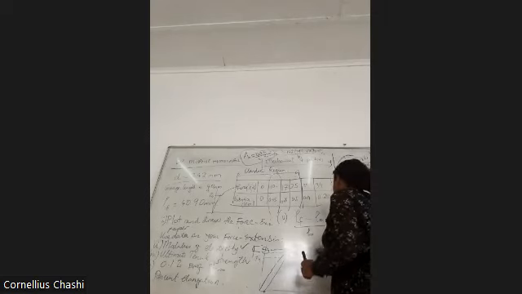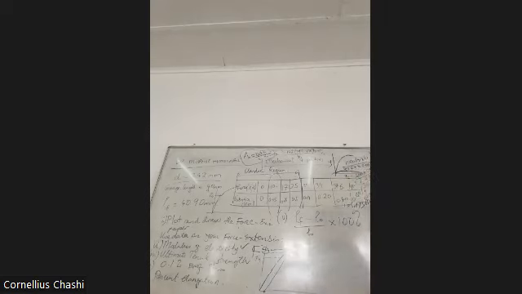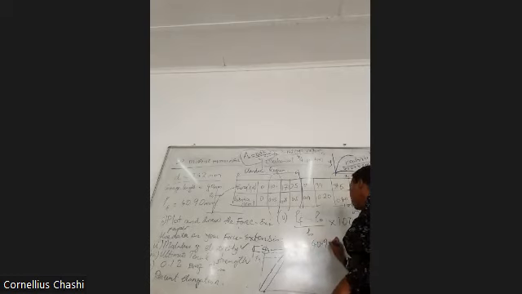So 40.9 minus 40, divided by 40, multiplied by 100%. Okay.